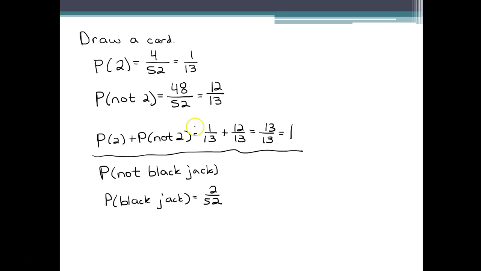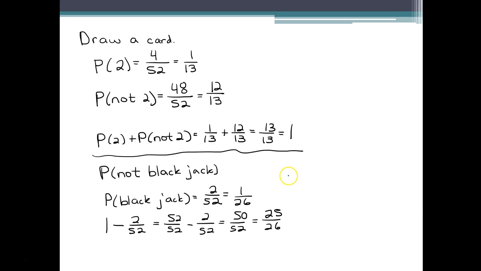It could be one of those two out of the 52 cards. So 1 minus 2 out of 52, or 52 over 52 minus 2 over 52, is 50 over 52, which reduces to 25 over 26. 2 over 52 reduces to 1 over 26. So the probability of not black jack is 25 over 26.